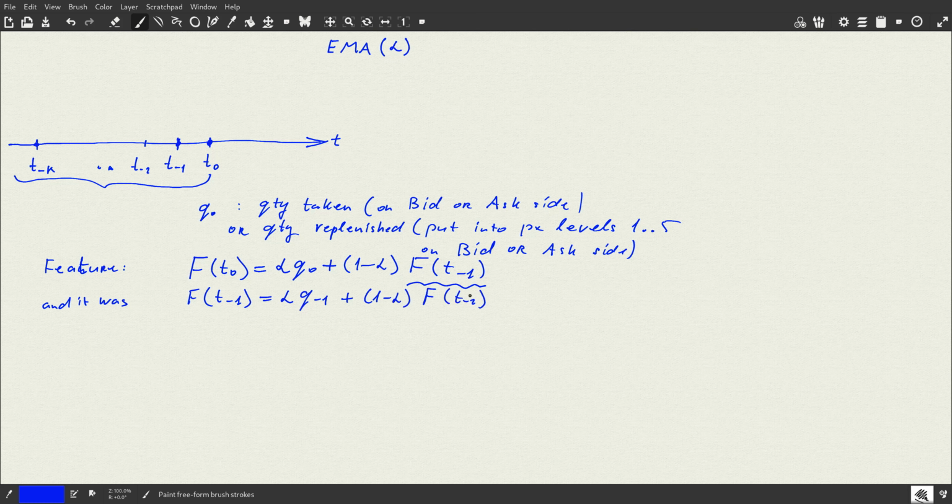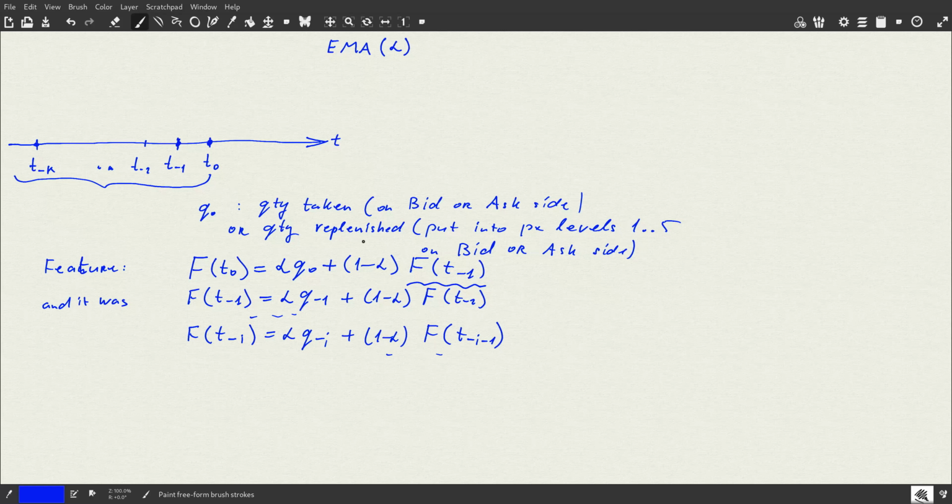So now t minus 1 depends on the quantity at t minus 1 and the feature at t minus 2, and so on. So you regress and regress and regress into the past. Any F of t minus i was actually alpha Q minus i plus 1 minus alpha F of t minus i minus 1, and so on.